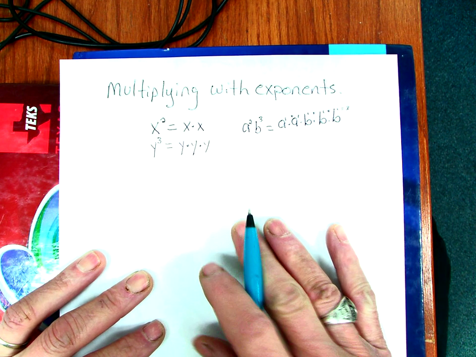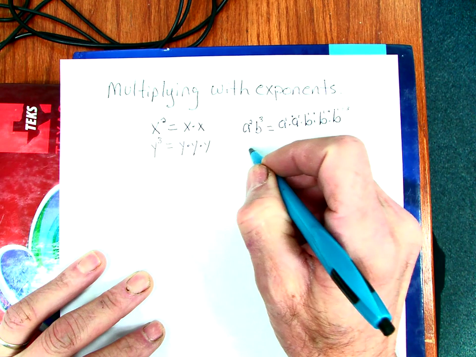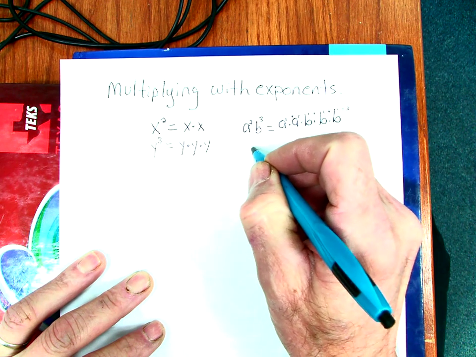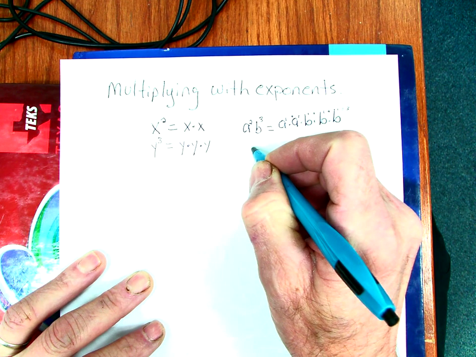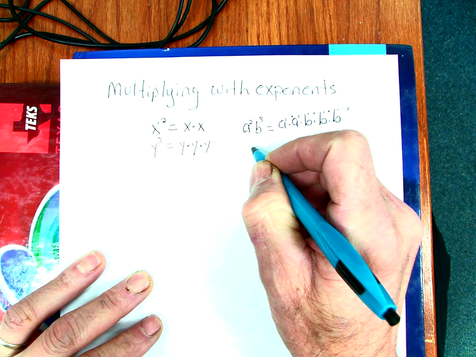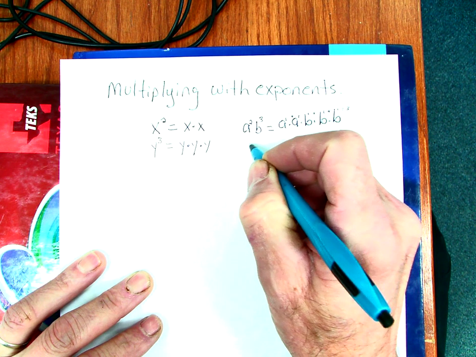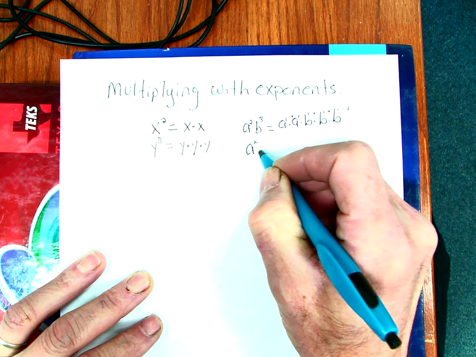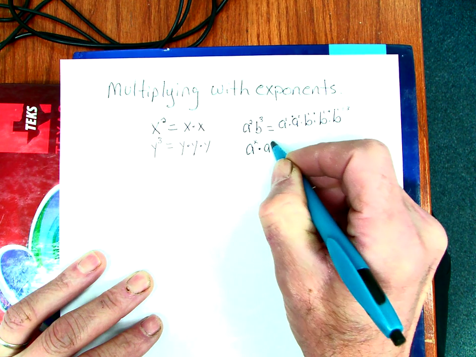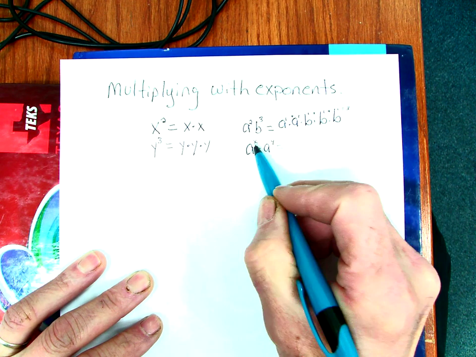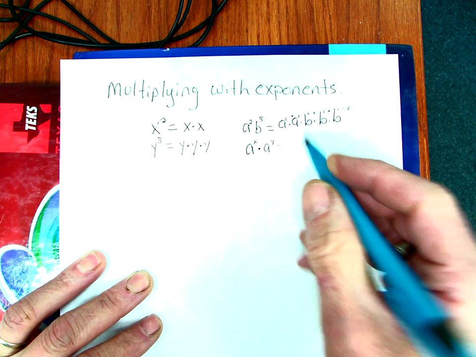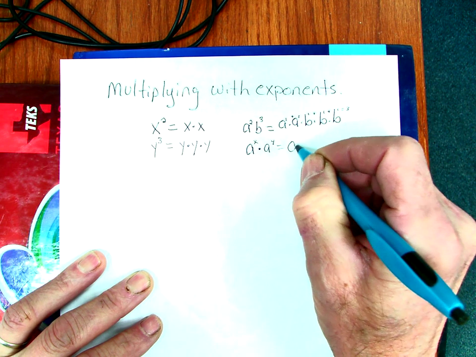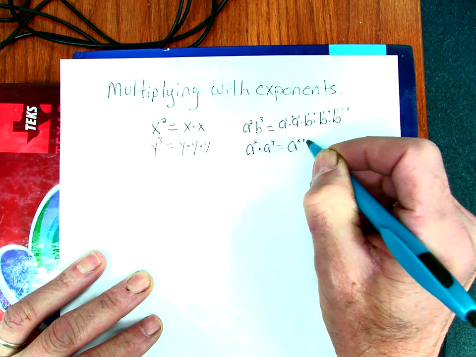So the rule for multiplying with exponents is you add the powers together for the like variables. So a to the x times a to the y, where x and y are both numbers, would be a to the x plus y.